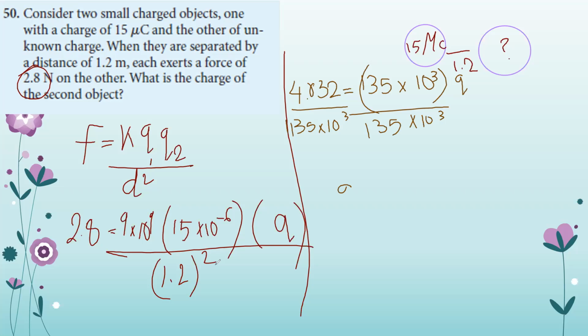We will see that Q here now is 2.9 times 10 to the power -5.